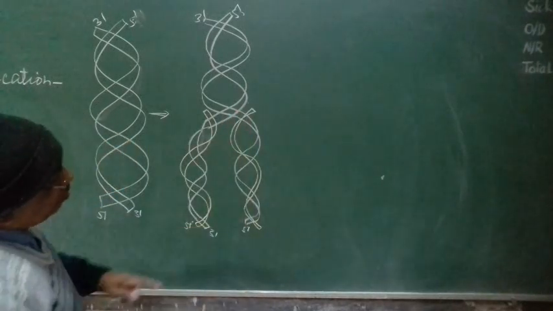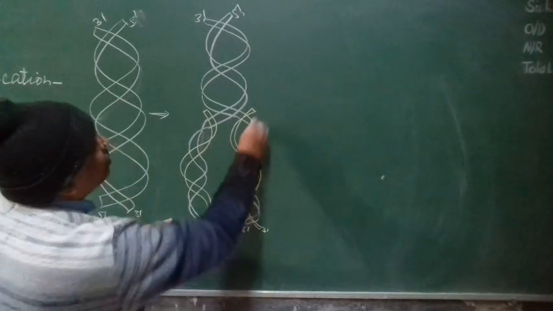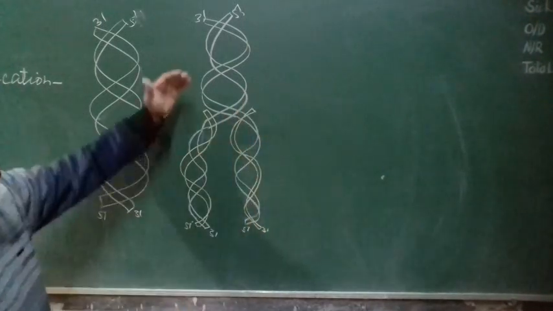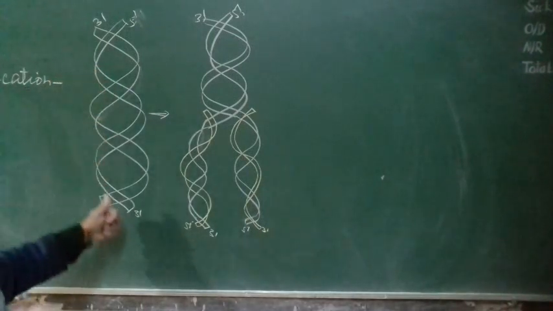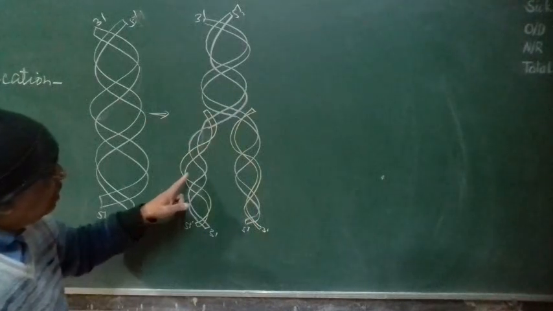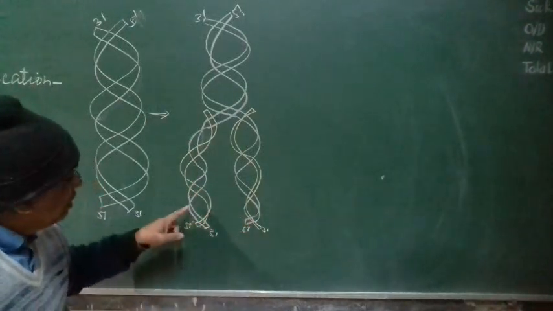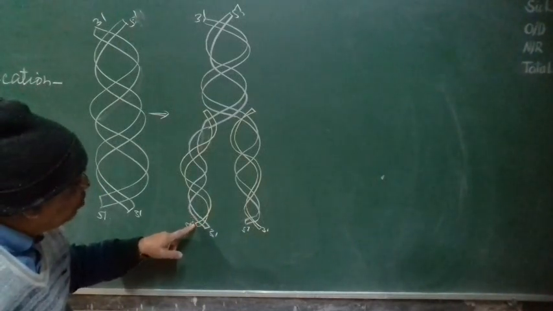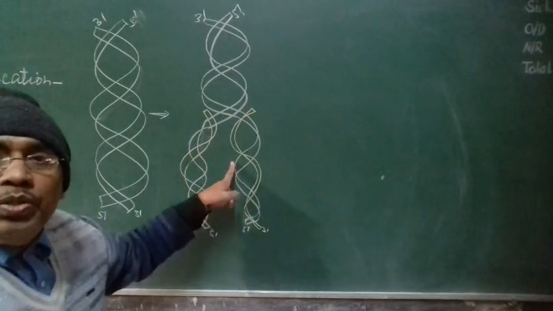We can see that when one DNA undergoes replication, its helix partially opens, then both helices of DNA act as a template. Then on each template one new helix will develop.